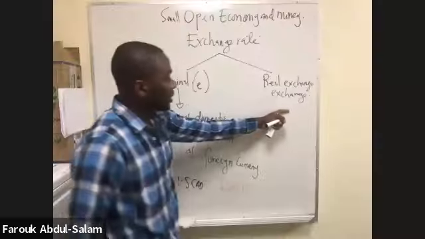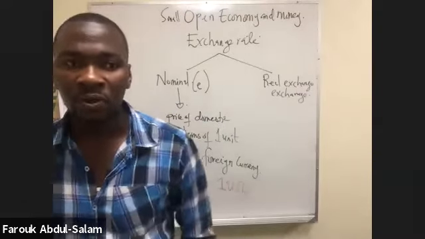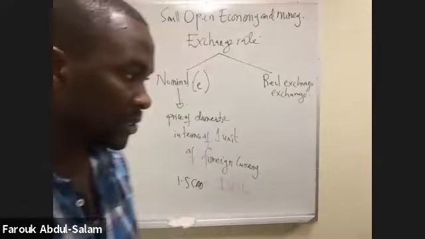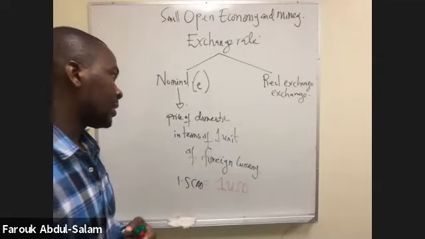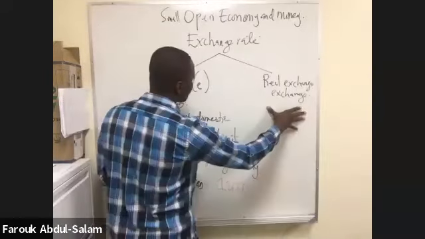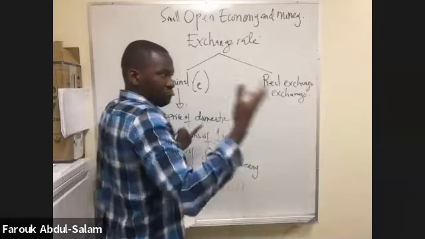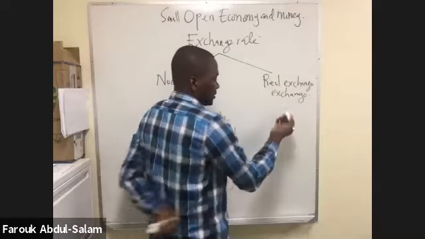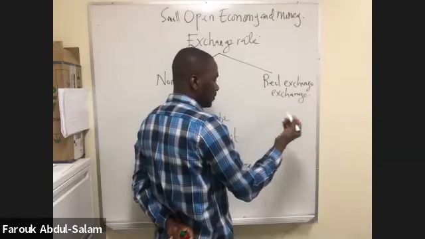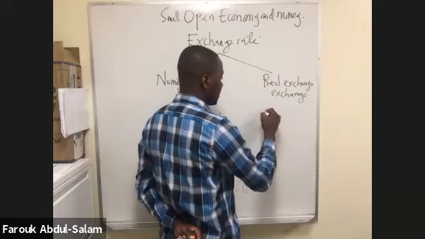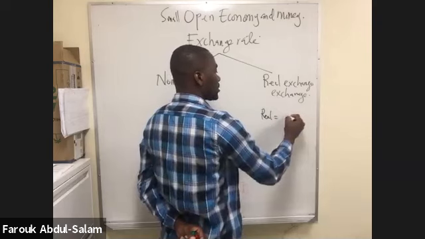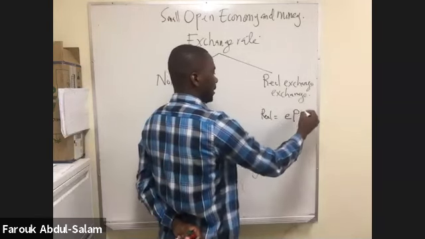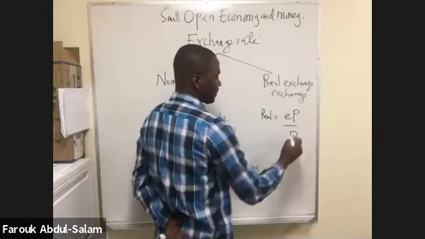Nope, we're good. Good. Now, the real exchange rate is more or less like pricing goods in terms of both the currency and the good. So the real exchange rate is given to us in terms of the standard notation. It's just going to be real exchange rate equals E multiplied by P, and I'm going to put two P's here.